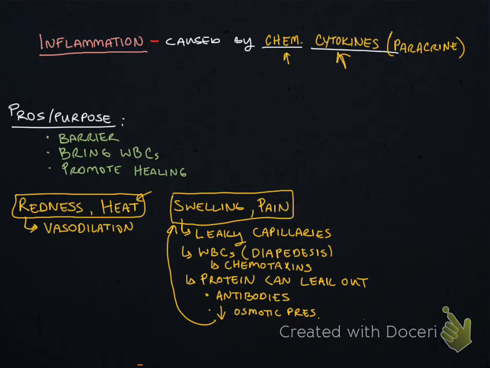So if plasma proteins are no longer inside the capillaries, inside of the blood, they no longer are pulling the fluid back into the blood vessel, and it gets left in the surrounding tissue. And the tissue begins to swell, and when something swells, it hurts. So that's how we get these 4 signs of inflammation: redness and heat, and swelling and pain. All right.